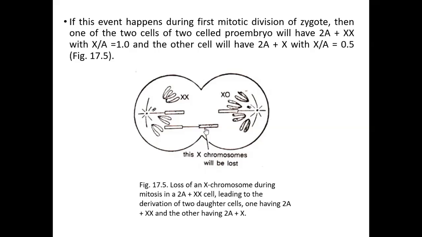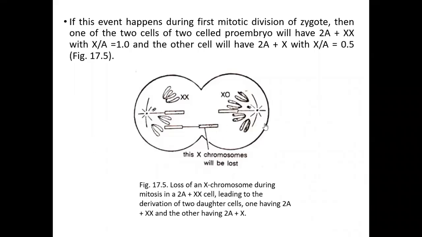One X chromosome moves to this side, so that here it has two X chromosomes, but one X chromosome is lost from the other side. Okay, so that X chromosome is lost forever.